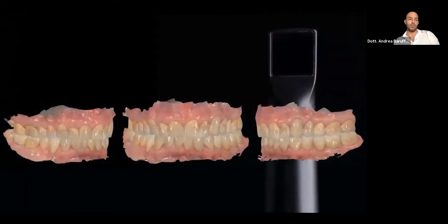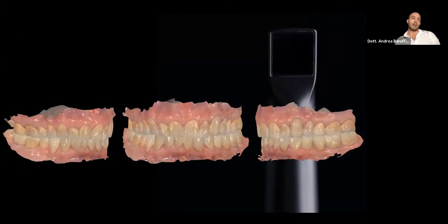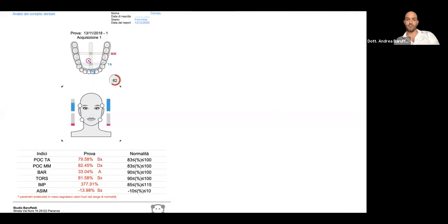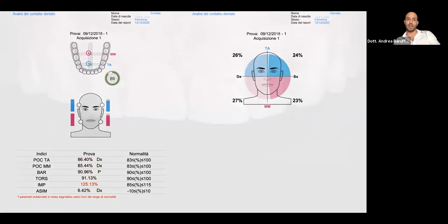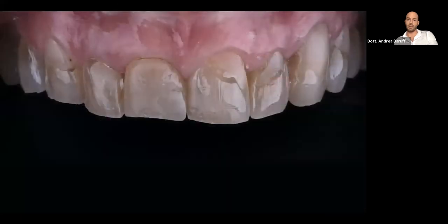She had a good vertical dimension, and in the posterior and lateral region she had ceramic crowns. For the patient it was only an aesthetic problem, but we can see clearly that it is not; there is something strictly related to function.